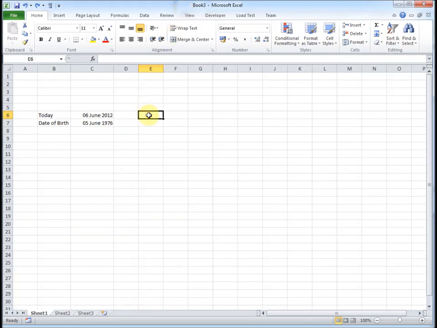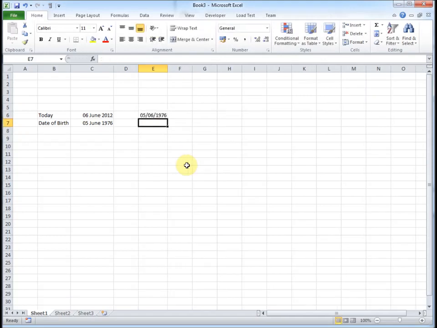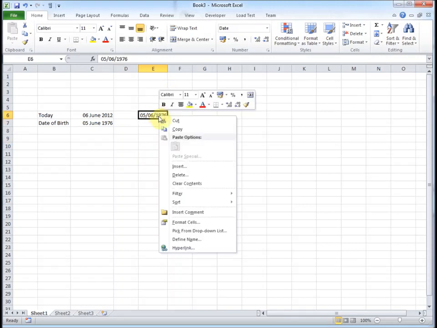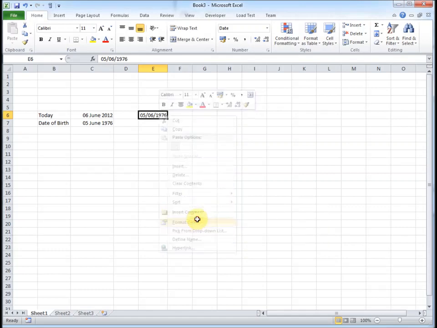What would have happened if I typed in the 5th of the 6th, 1976 with slashes between them and pressed enter? Well, it certainly worked out it was a date, but has it worked out that it's the 5th of June or the 6th of May? Just one way to find out. I'm going to right click there and format the cells.